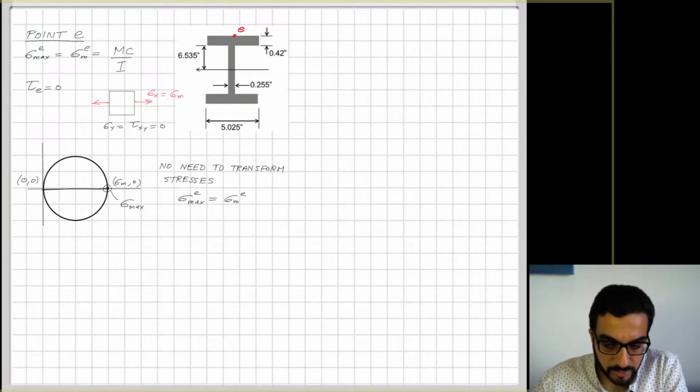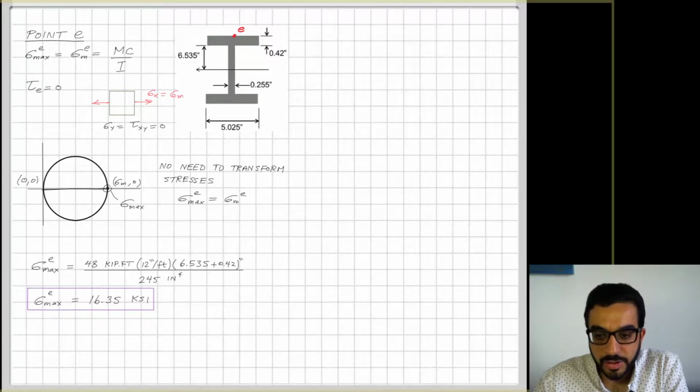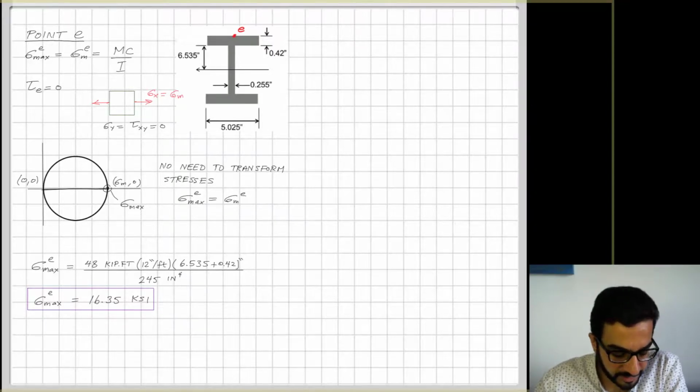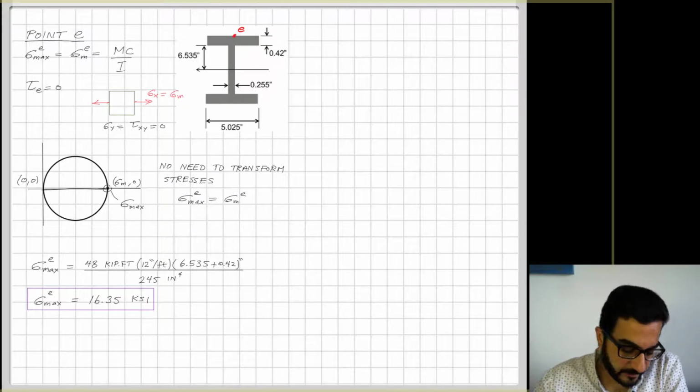So my maximum normal stress here will basically equal the maximum flexure stress. Applying the formula, the only thing I'm changing here is the distance. So instead of only 6.535, which is the point D, now I'm adding that thickness of the flange, and we'll end up here with maximum principal normal stress to be 16.35.